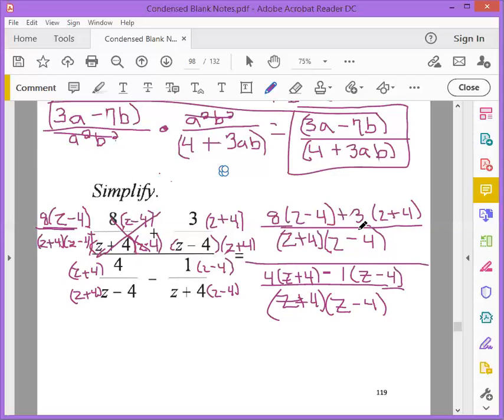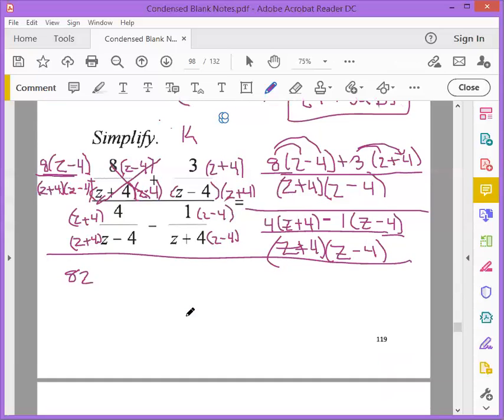All right, now we have a lot of terms here, but remember our basic steps. We want to keep this top fraction the same. As we keep that top fraction the same, we're going to go ahead and distribute in the numerator. So 8 times z would leave us with 8z minus 8 times 4, that'll leave us with minus 32.